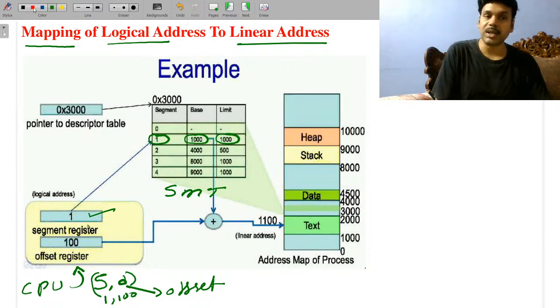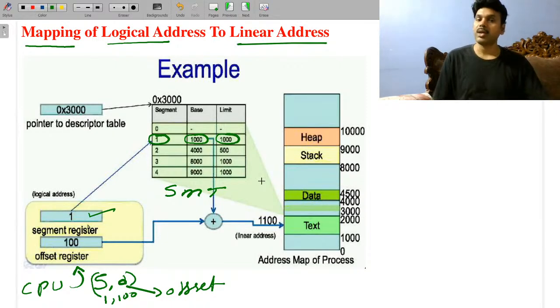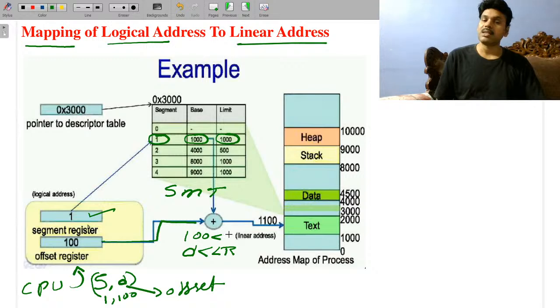The size of that particular block, the limit, is 1000, and the base address is 1000. It cross-checks whether your requested D is less than or equal to the limit value. So I am checking D less than LR, where LR is the limit register. As the limit is 1000, this condition is true.